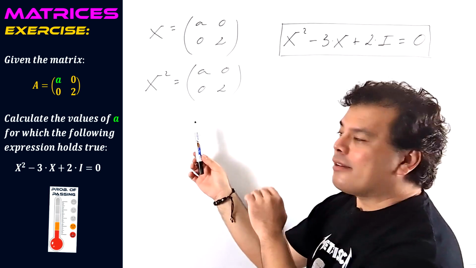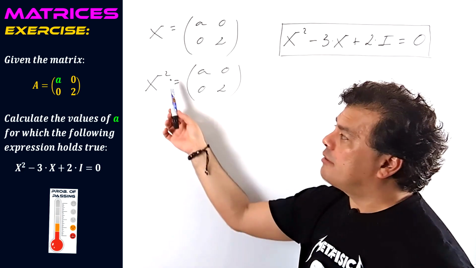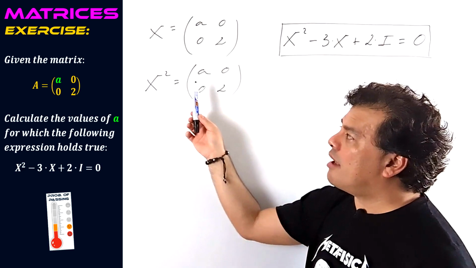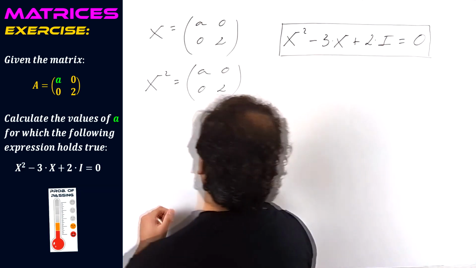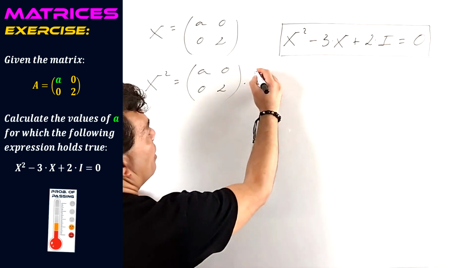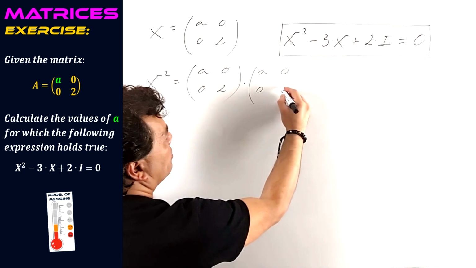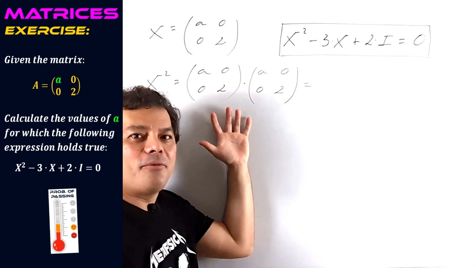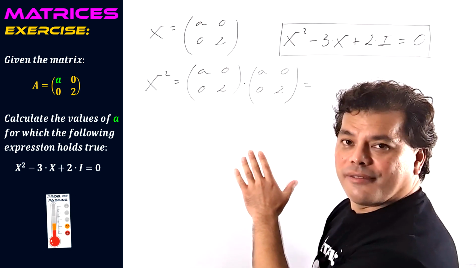The correct way to calculate X squared is by applying the definition of exponentiation, that is, multiply the matrix by itself as many times as the exponent indicates, in this case 2 times. That's why we are multiplying matrix X by itself one more time, A, 0, 0, 2. This is the correct way. Once that's clarified, let's proceed with the multiplication.